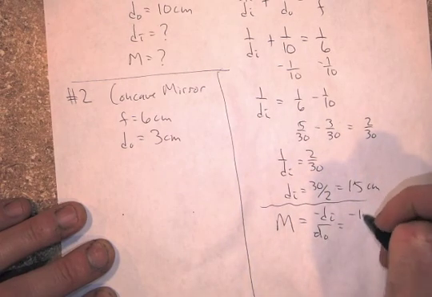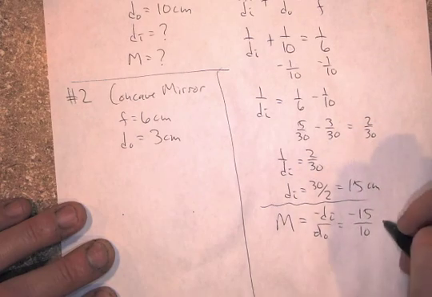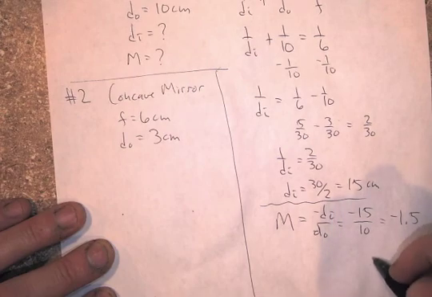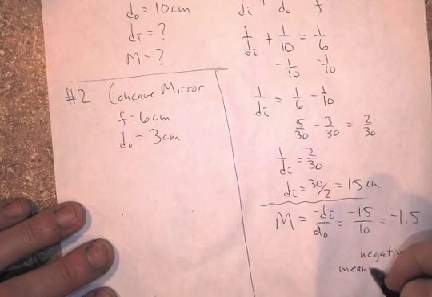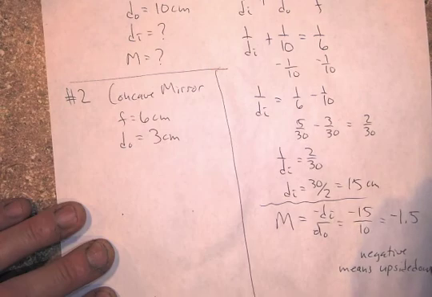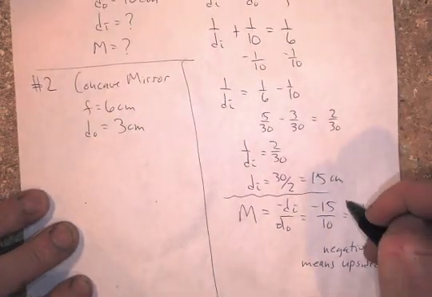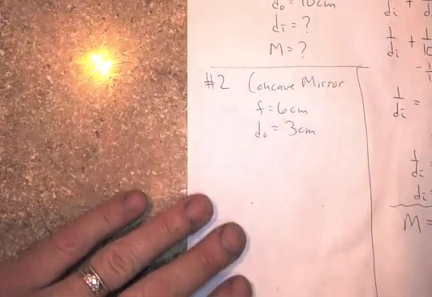So negative 15 over do was the 10. So negative 1.5, meaning it's inverted. So negative means upside down. Right? And if you look back at the example there, it was upside down. Okay? So that's your magnification. It's upside down.